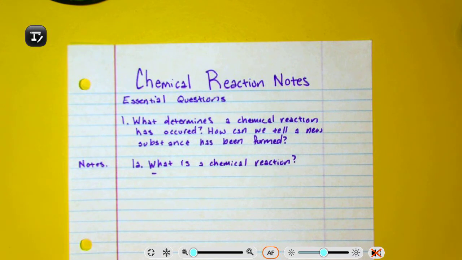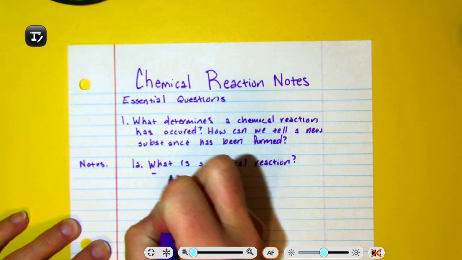But whenever we say that they are reacting, what does that really mean? Well, when atoms or molecules or elements react, a chemical reaction is when 2 or more of those react and they create something new. Okay?